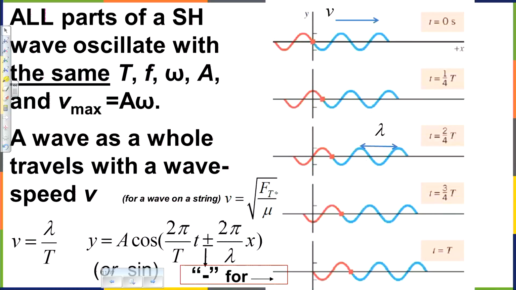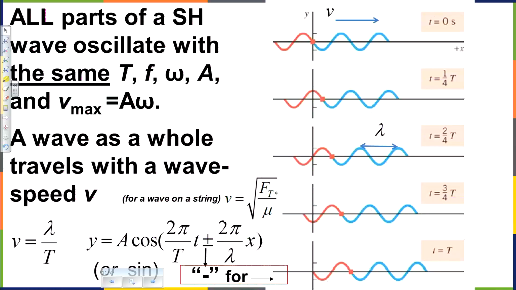But if we have a wave traveling to the left, all we have to do is change minus to a plus. So a minus means the wave travels in the positive x direction, and for us, that's right. And a plus means the wave travels in the negative x direction. That's it.